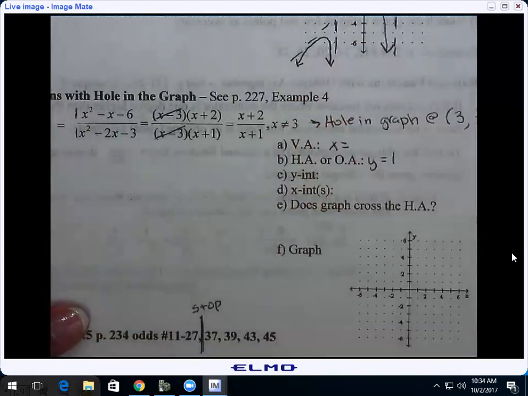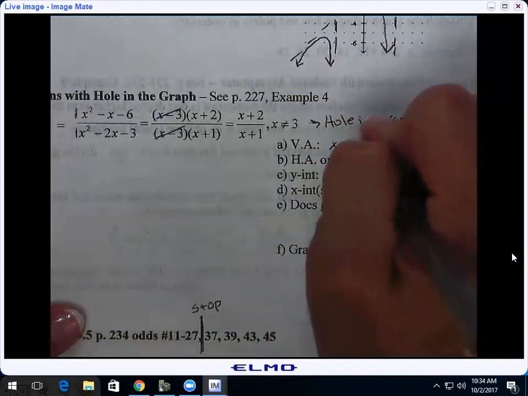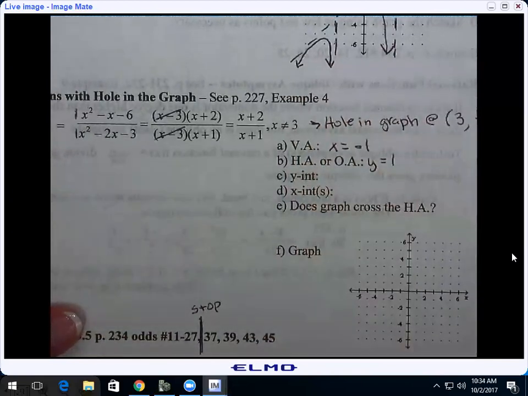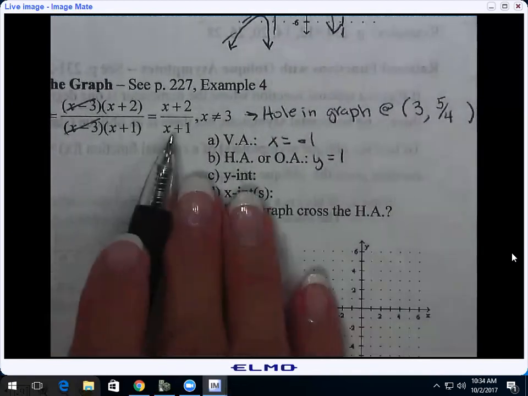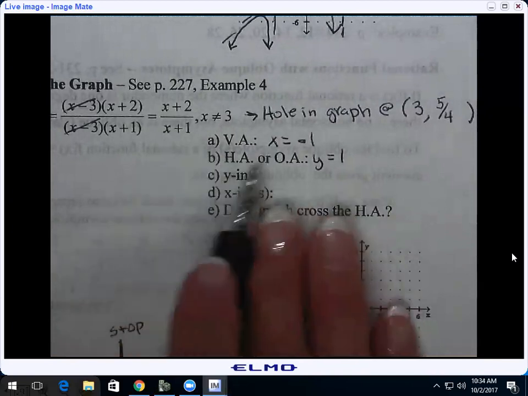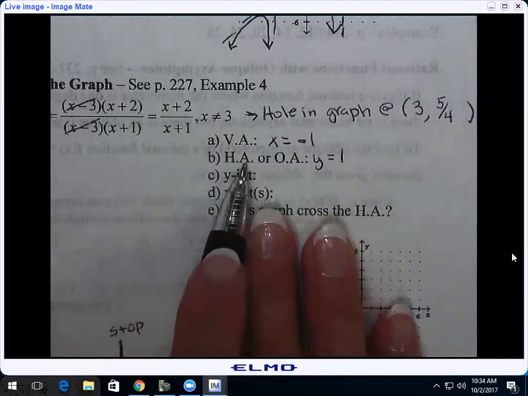Vertical asymptote's what makes the denominator 0, -1. The vertical asymptote is x equals -1. The horizontal asymptote is y equals 1, the ratio of the leading coefficients.